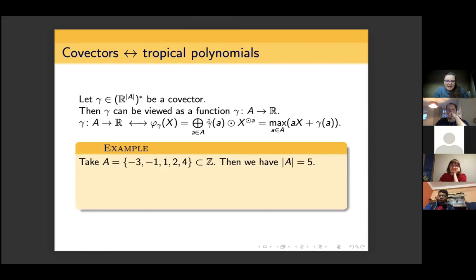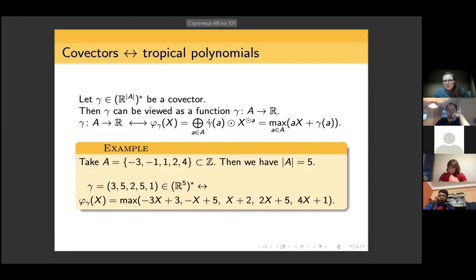So if we take A, this wonderful set, -3, -1, 1, 2, 4, a set of 5 elements, then the corresponding covectors would be in 5-dimensional space. There will be 5 coordinates. And with the covector 3, 5, 2, 5, 1, I would associate the tropical polynomial, which in this form would be as follows.